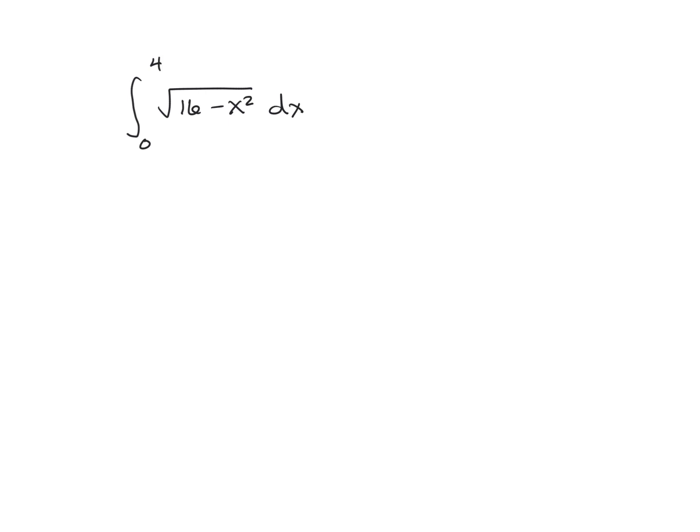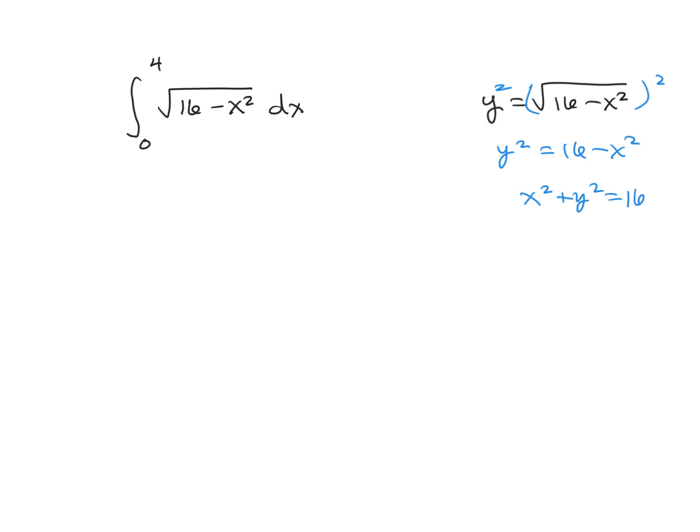And we may be a little bit rusty with these, but if you look at this, if you take y equal to the square root of 16 minus x squared, and if you square both sides of this, you actually get y squared is equal to 16 minus x squared, or more importantly, x squared plus y squared equals 16. So the overall shape of this is a circle, but we're looking at the top half of the circle because it's the positive square root, and we're looking at really just a quarter of the circle because we're going from 0 to 4.